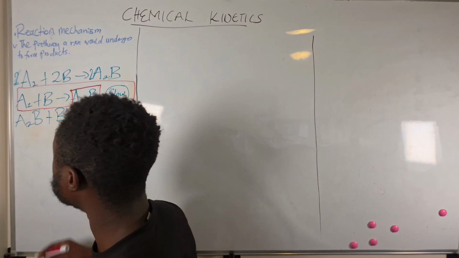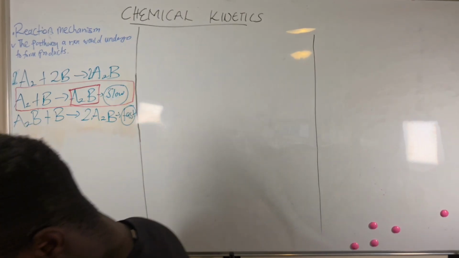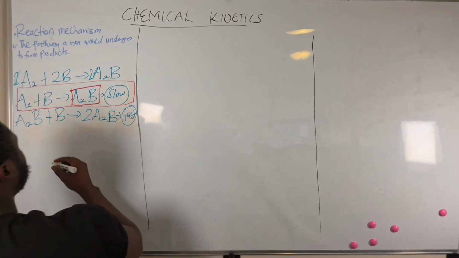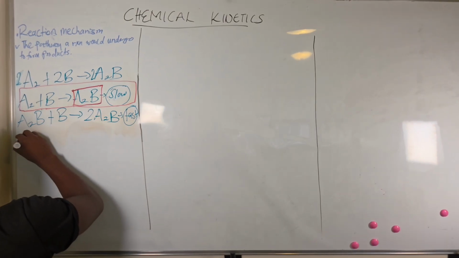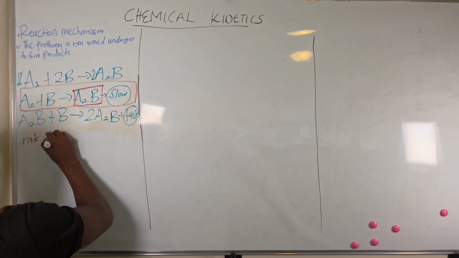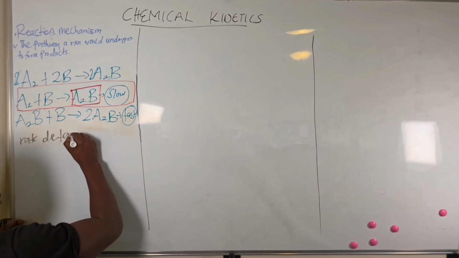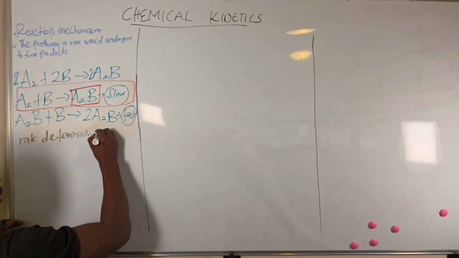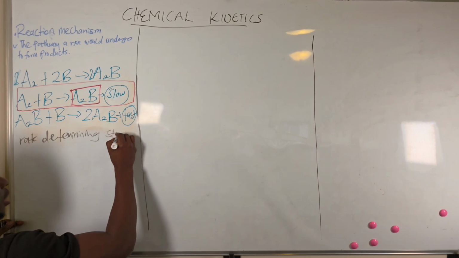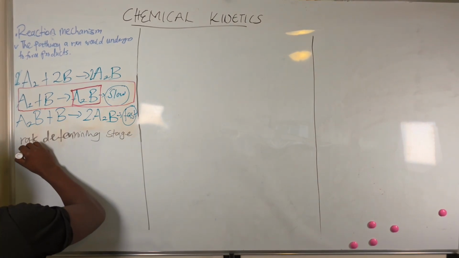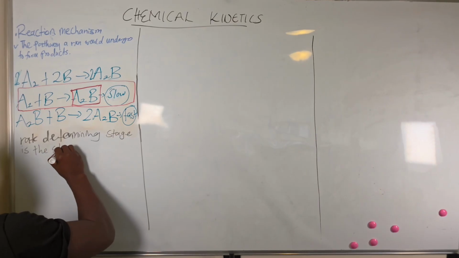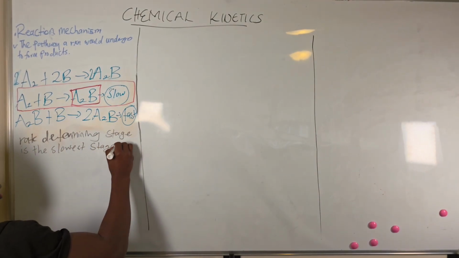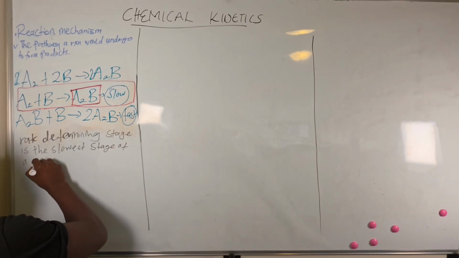So when we talk about the rate determining stage of a reaction, the rate determining stage is the slowest stage of a reaction.